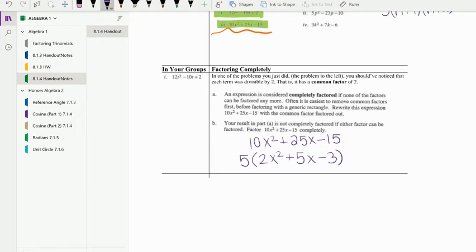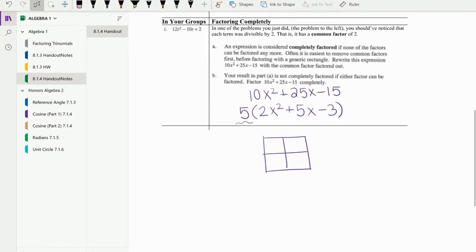Now that I did that, I'm going to factor 2x squared plus 5x minus 3. And keep in mind, I still have that 5 that I will have to include in my final answer. So I'm going to place 2x squared in the first box, negative 3 in the last box.